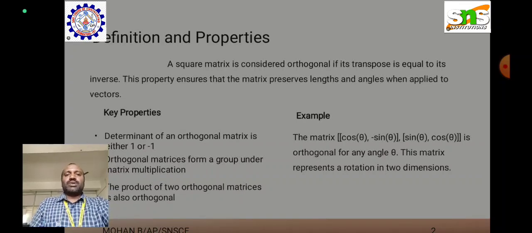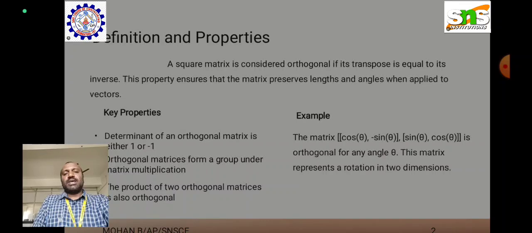We usually use orthogonal matrices in various places, and the purpose is to use A transpose into A equal to A into A transpose, which is the identity matrix. The matrix cos theta, minus sin theta, sin theta, cos theta is orthogonal for any angle theta.